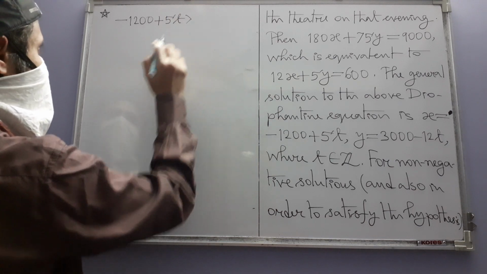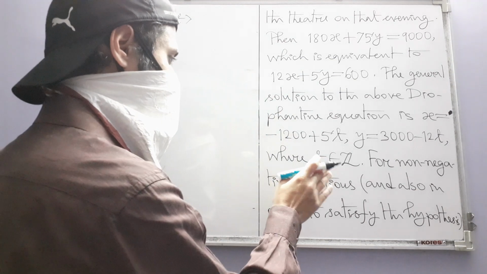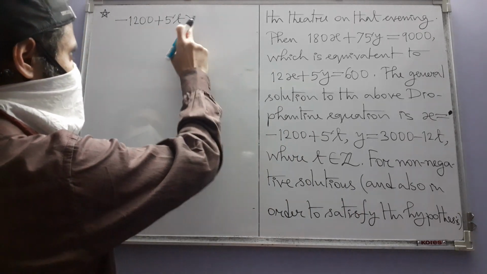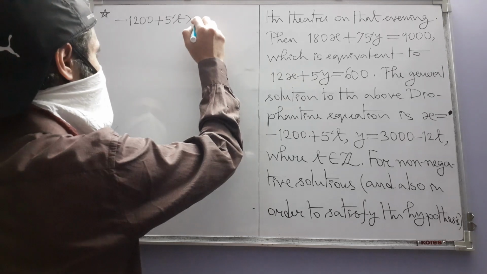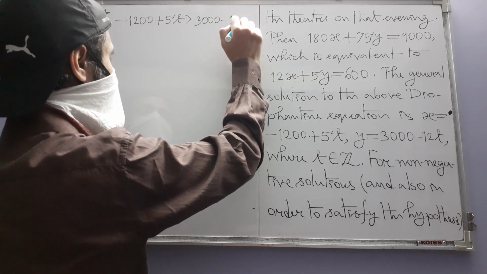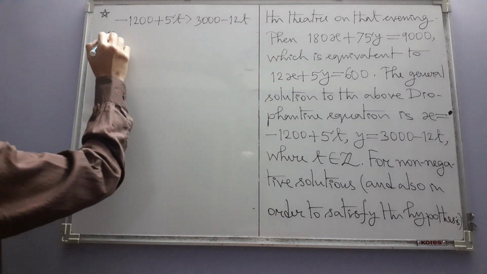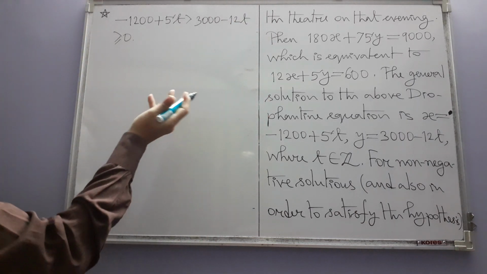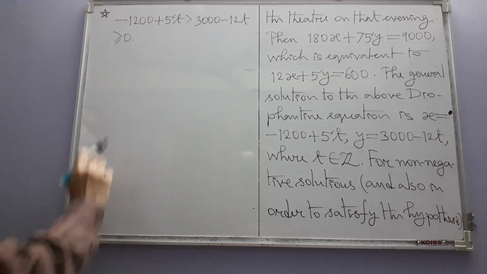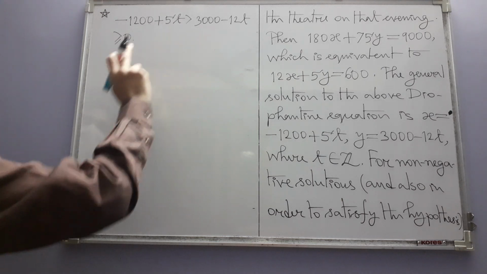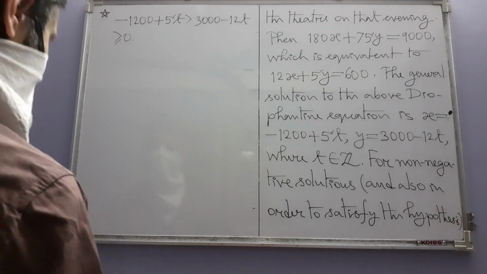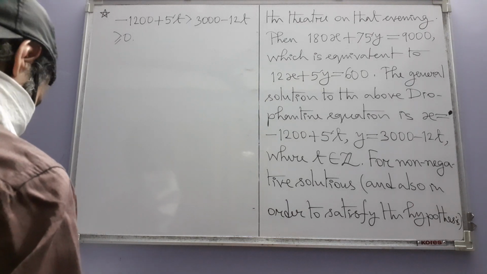This should be, see, more adults than children. So you cannot put the equality possibility here. It is strictly greater than 3000 minus 12t, which is greater than or equal to 0. Maybe it's the case that no child attended. That may also be the case. This, however, cannot be 0 because it's given that this is strictly greater than the number of children. And now these inequalities give us what?